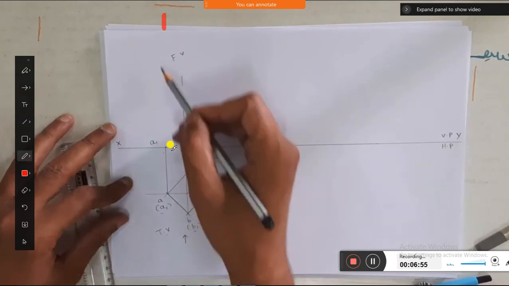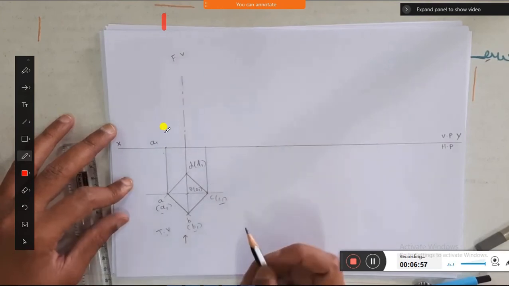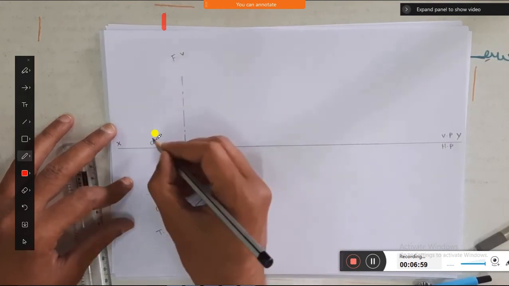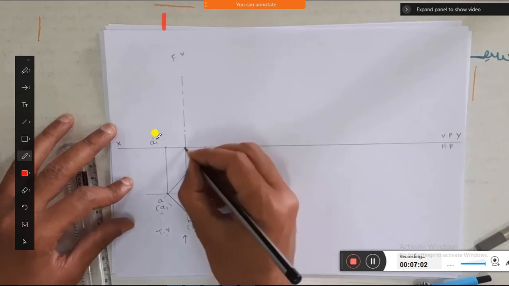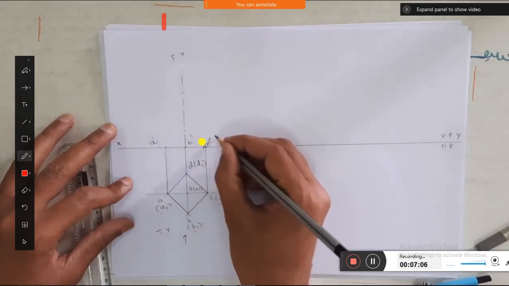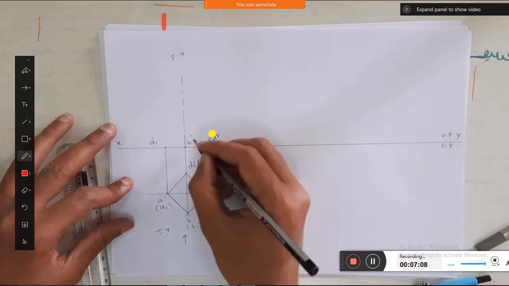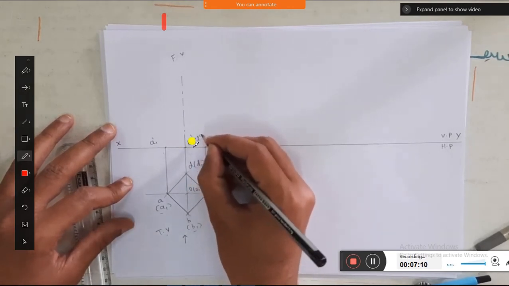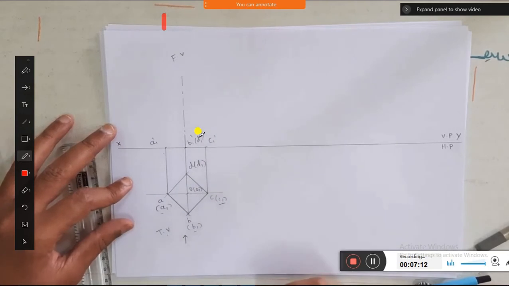Then this is a prism, that's why there is a top face as well as a bottom face. So here, as usual, in the bottom A1 dash is visible, B1 dash and C1 dash visible, but in brackets D1 dash is not visible because it is a bottom face.